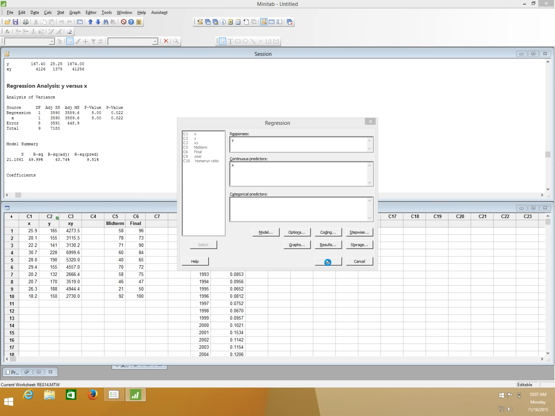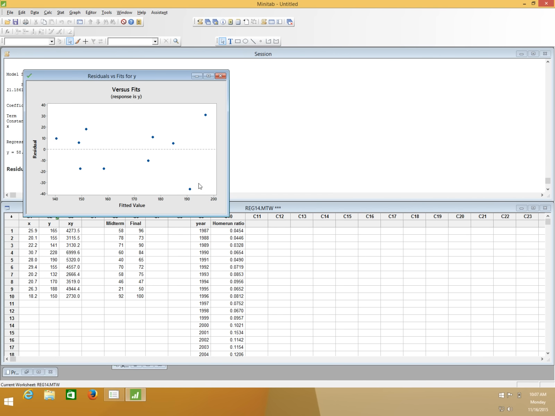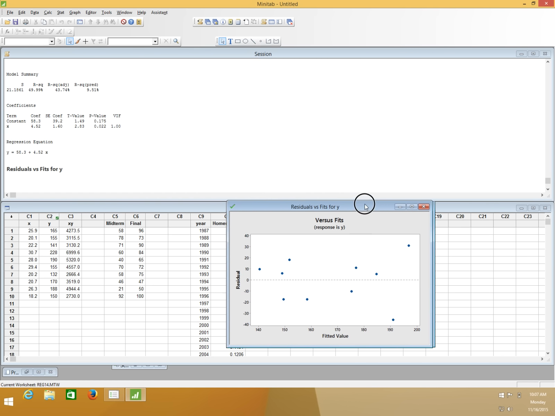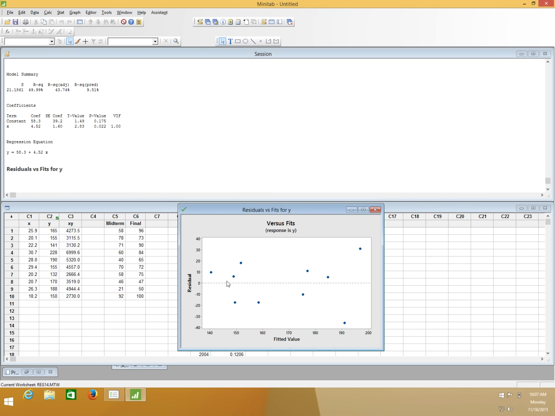This will give us our residual plot. Residual plots are very important in finding out if x is doing a good job to predict y, because good is very arbitrary. How good of a job really depends on what you mean.